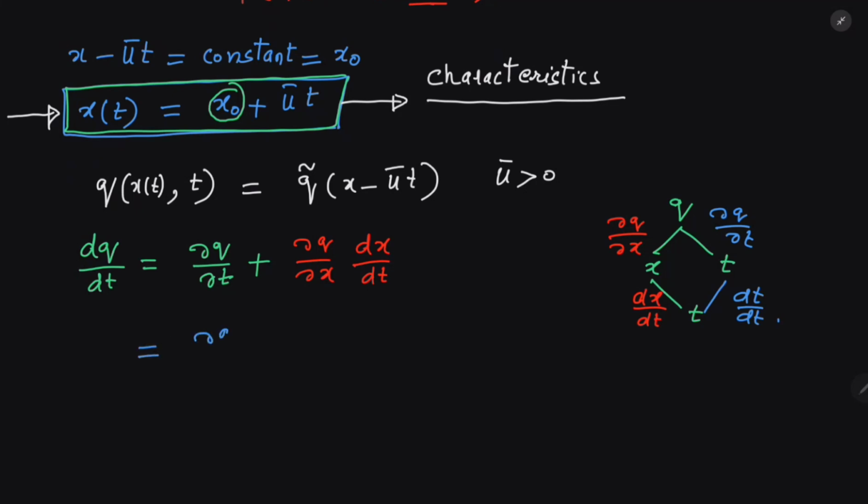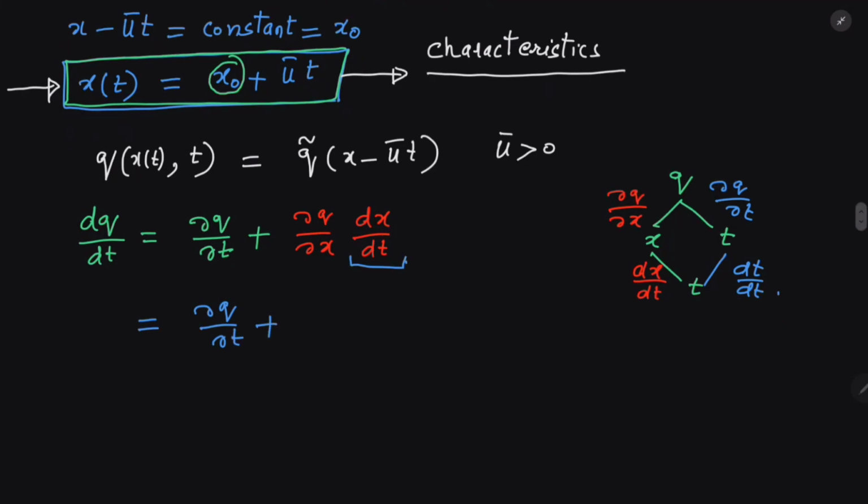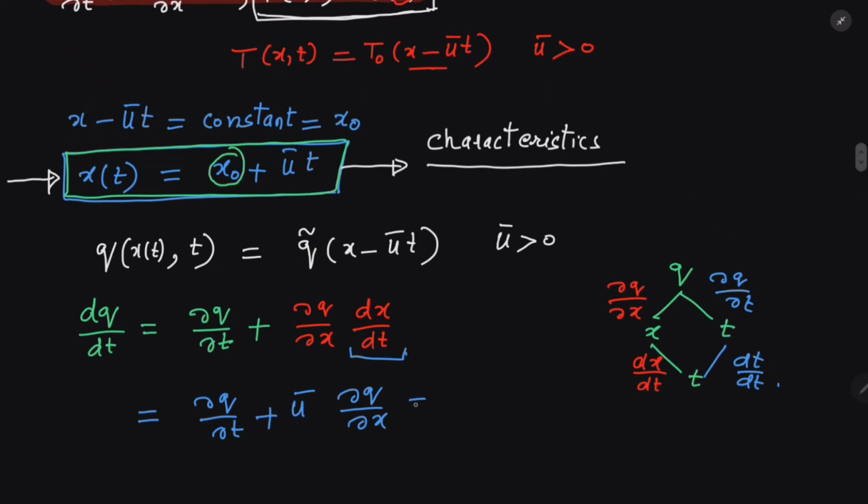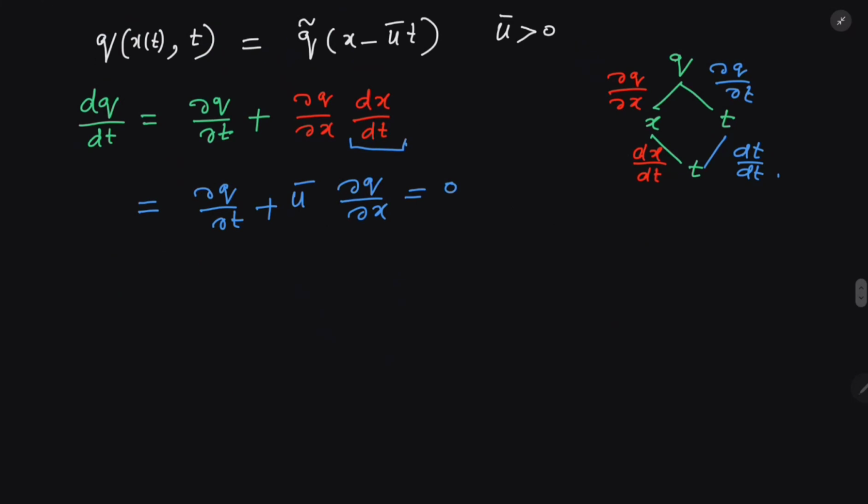So partial q by partial t plus, what is this term? This term is actually the speed u bar times partial q by partial x. And we see that this equation is equal to 0 since it is an advection equation.